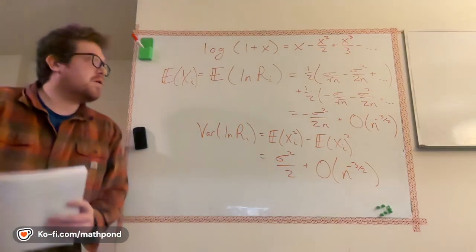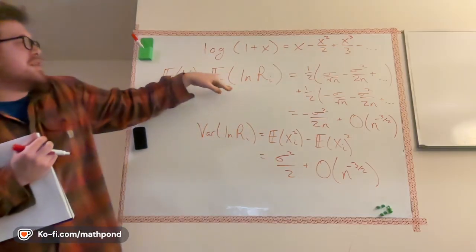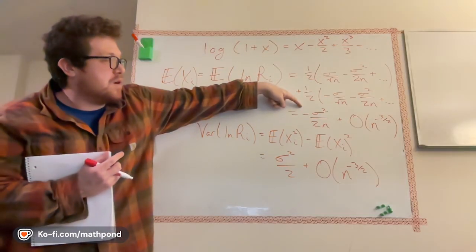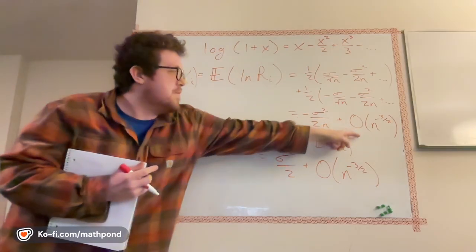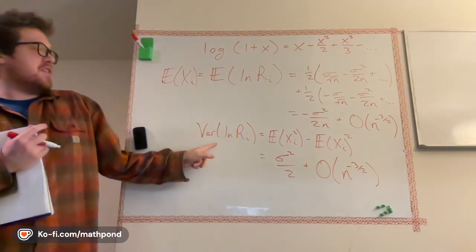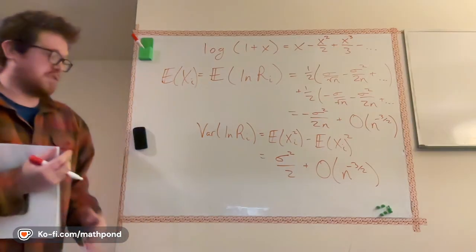Okay, so the whole point of that is to show that in the limit as n goes to infinity, the expected value of these xi variables is behaving like negative sigma squared over 2n plus some term that's going to 0 really quickly. And then the variance is approximately sigma squared over 2 plus, again, something that's going to 0 really quickly.